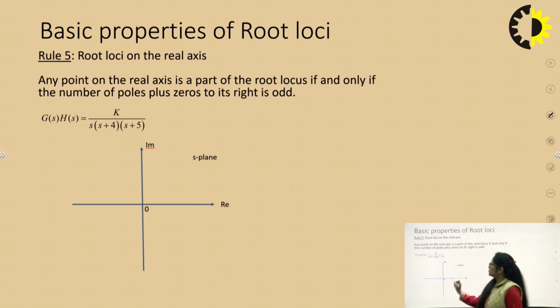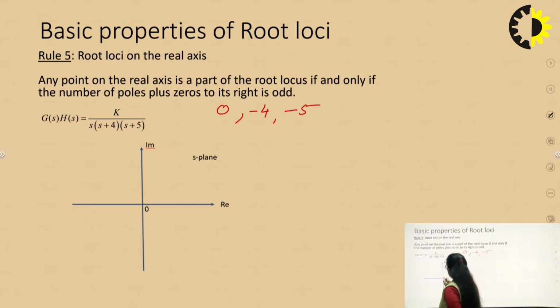So, this rule lets us know which part of the real axis is part of the root locus. For example, let us plot this. There are 3 poles, at 0, -4 and -5.